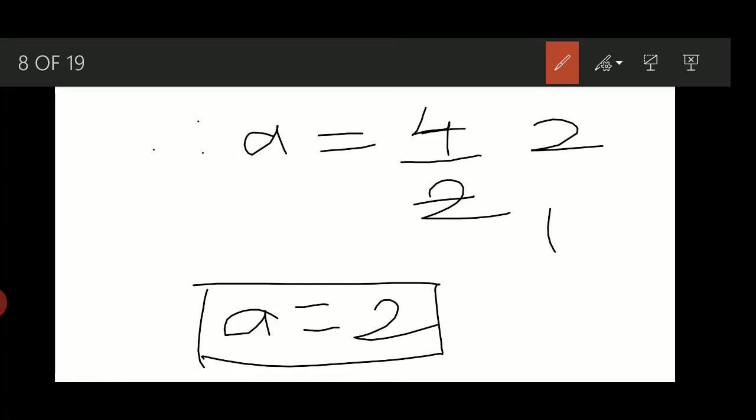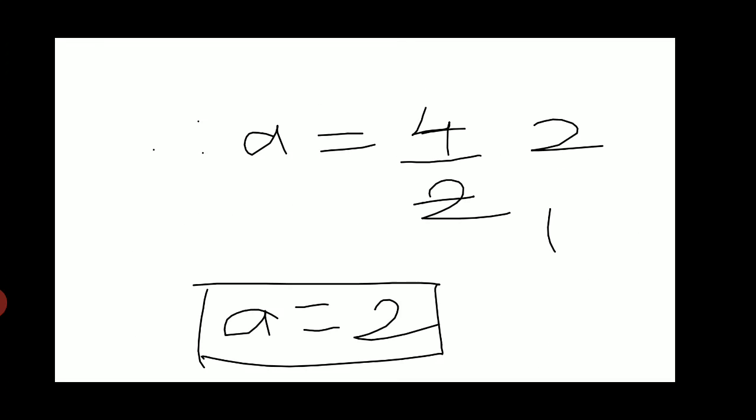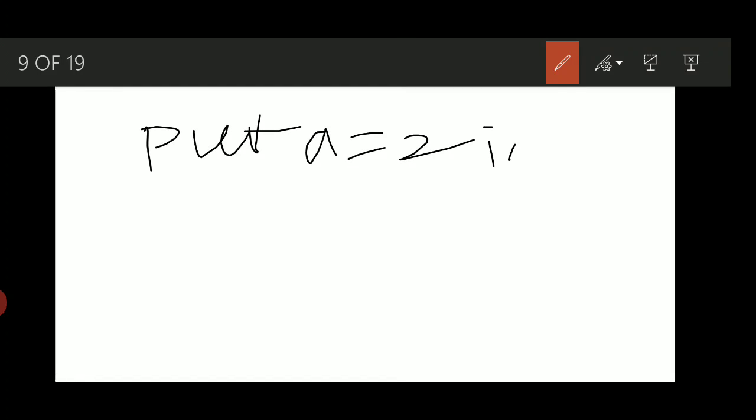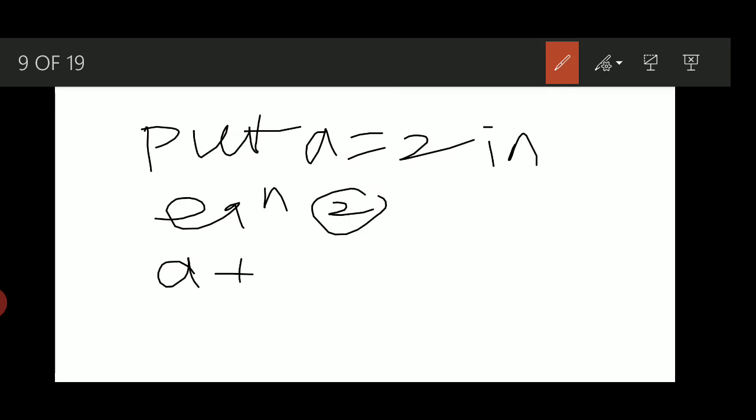Now put a is equal to 2. Put a is equal to 2 in any equation which is simple for you. Now we put a is equal to 2 in equation 2. Which is equation 2? a plus 5b is equal to 22.